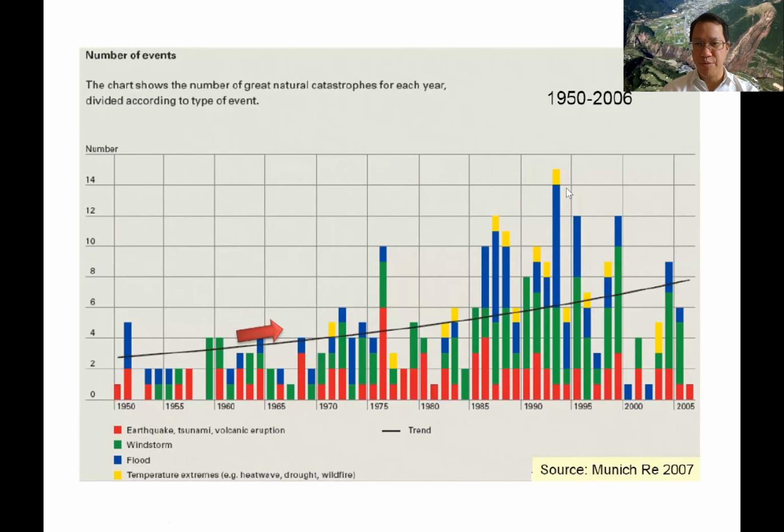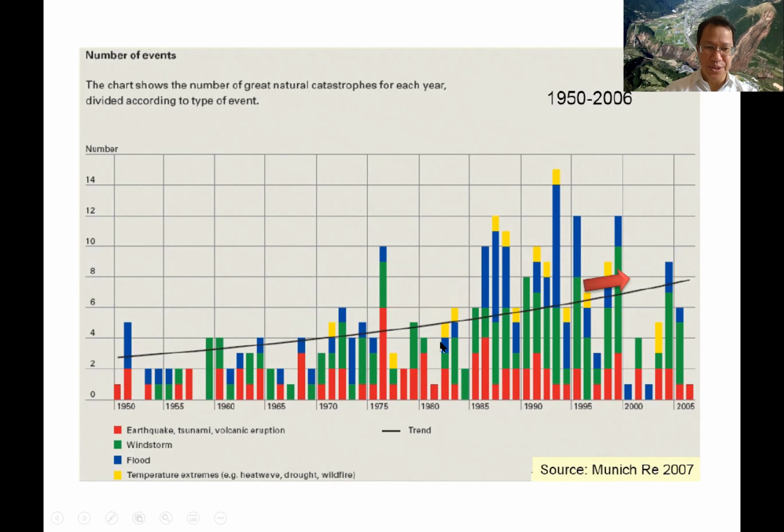But let's start with an overview of the natural disasters recorded from 1950 to 2006. So let's say it's about a 50-year time period. You can see that there is an increasing trend in the number of disaster events.